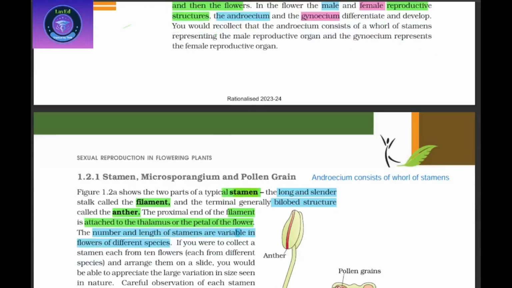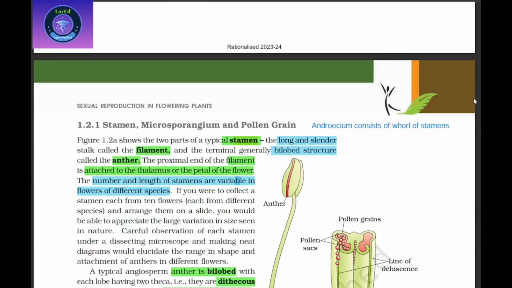Next point. This is an important line because it is mainly asked in MCQs. The number and length of stamens are variable in flowers of different species. It is a fact that you should remember, especially when statement type questions come, statement 1, statement 2.